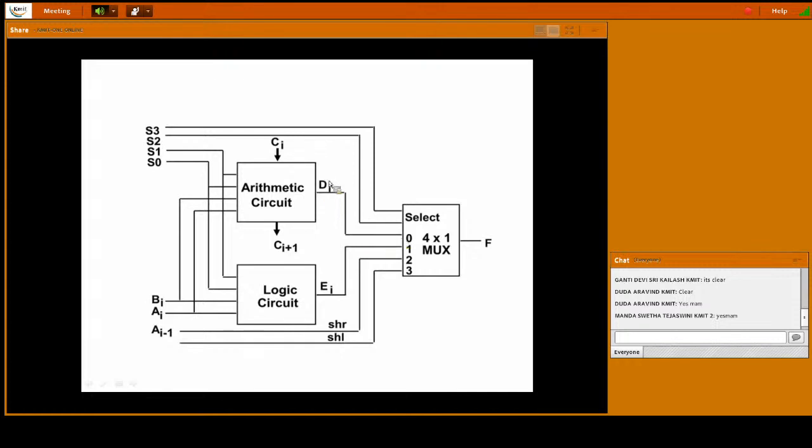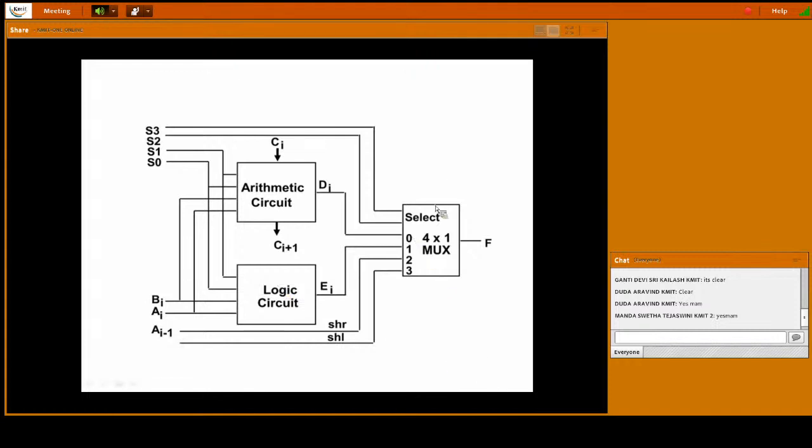So this Di can be either add or subtract or increment or any arithmetic micro operation. In the same way, your logic circuit is also provided with the inputs Ai and Bi, the bits of the register, but only one output will come. That means either an AND operation or any one operation will come as output from this logic circuit.